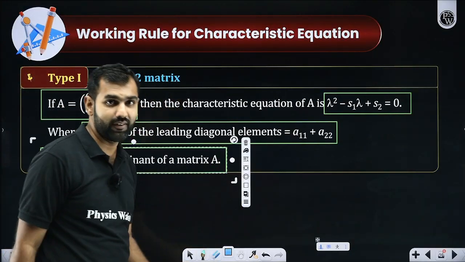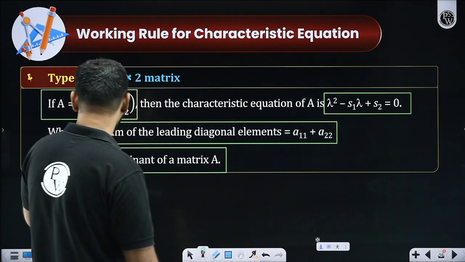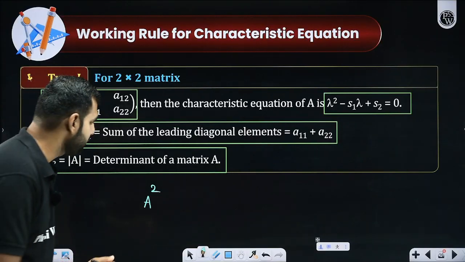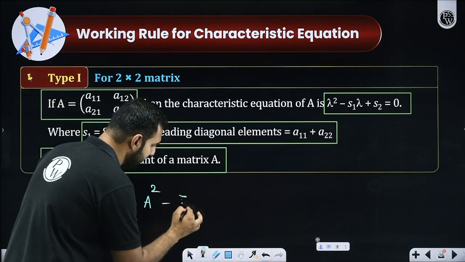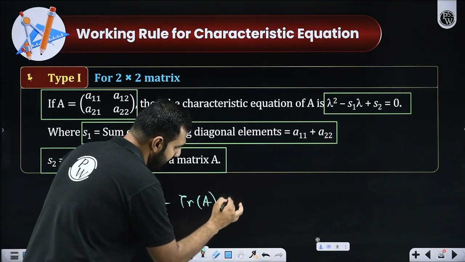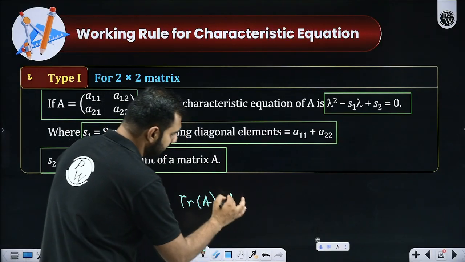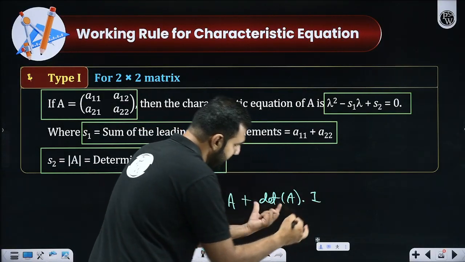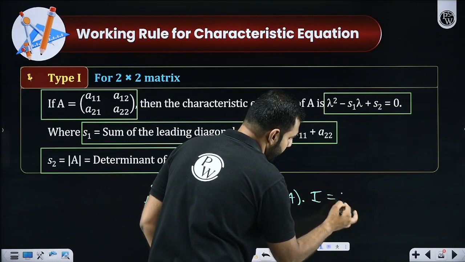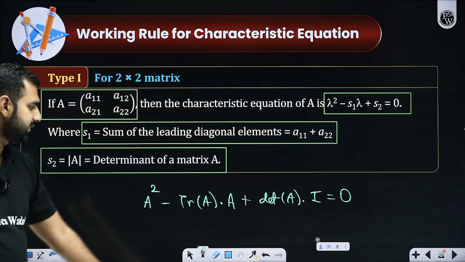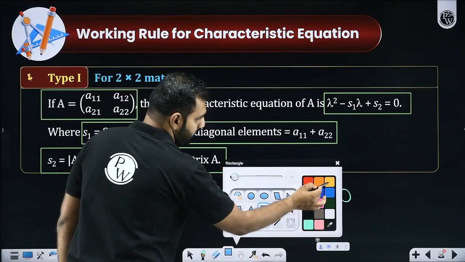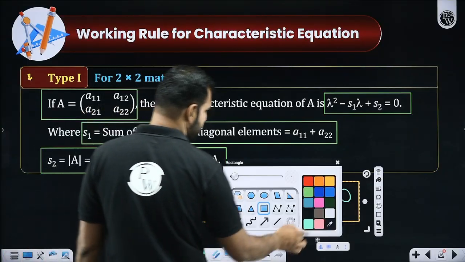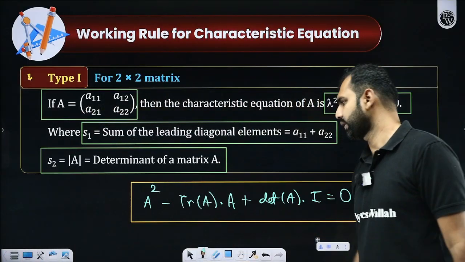So for any matrix A, its characteristic equation will be given by A square minus trace of A times A plus determinant of A times I is equal to the null matrix. This is how you write the characteristic equation of a 2 by 2 matrix.